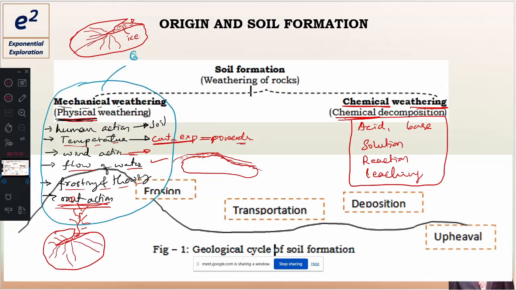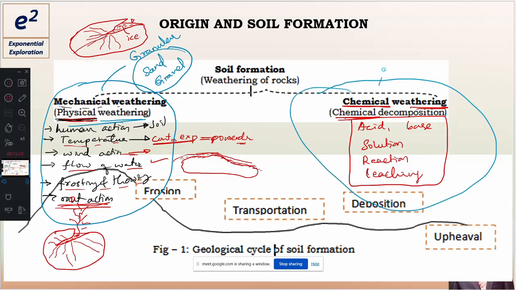Very interestingly, we have to remember that the soil formed because of physical weathering is usually granular soil. Granular soil means sand and gravel. Usually they are physically weathered soil. If the soil is weathered due to chemical weathering, then the end product will be clay soil. Clays, sometimes silt also.